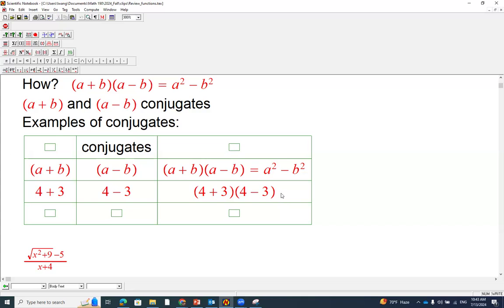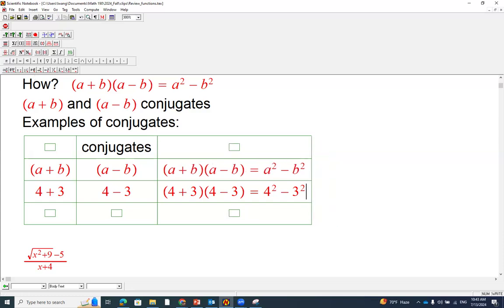It is also equal to 4 squared minus 3 squared. And 4 squared is 16, 16 minus 9 is 7.